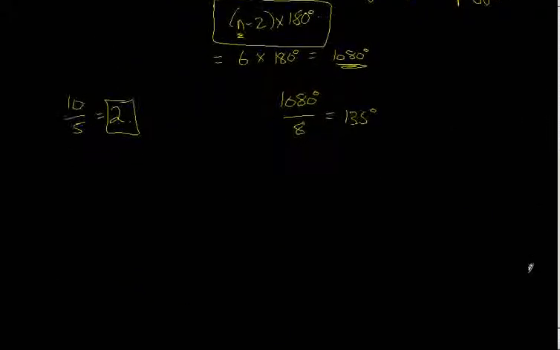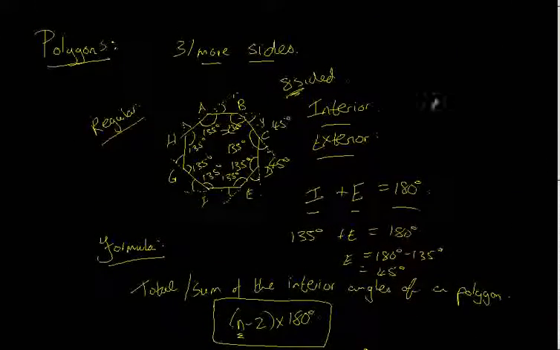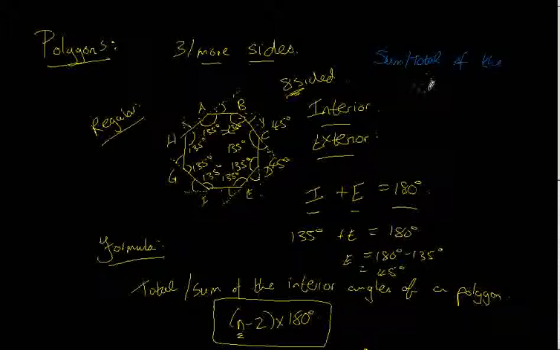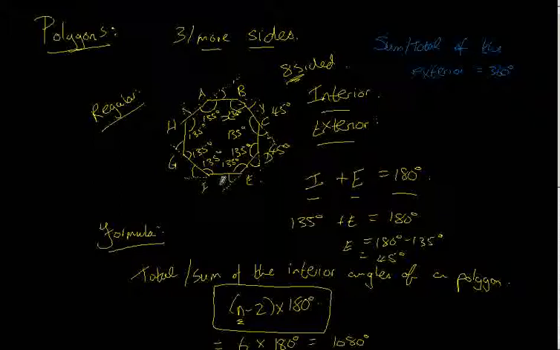Another important piece of common knowledge about polygons is that the sum of the exterior angles is equal to 360 degrees. So we have 8 exterior angles, which are 45 degrees each. 8 times 45 gives the total of the exterior angles, which should be 360 degrees, and it does.